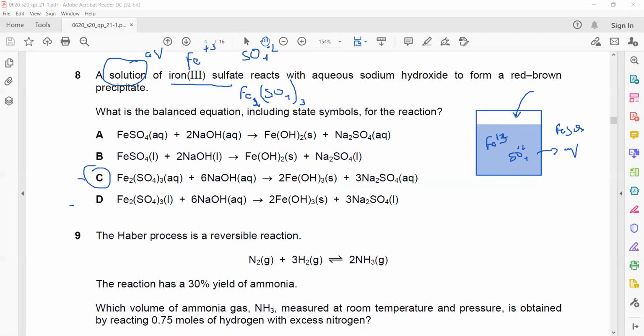But if you have solid iron sulfate and you supply heat energy and it melts, then you call that a liquid or molten iron 3 sulfate. The aqueous solution contains water, and aqueous solutions can be dilute or concentrated.